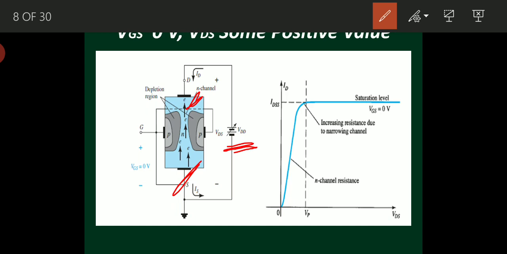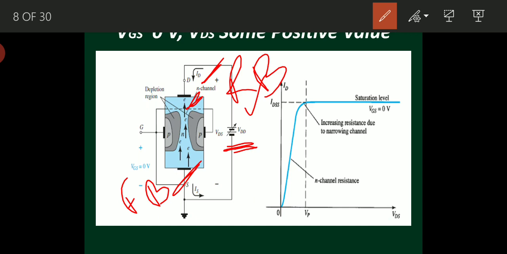So what will happen? Here electrons are majority charge carriers, and I am giving a positive supply to the drain terminal. This makes the drain reverse biased, and this negative terminal makes the source forward biased.